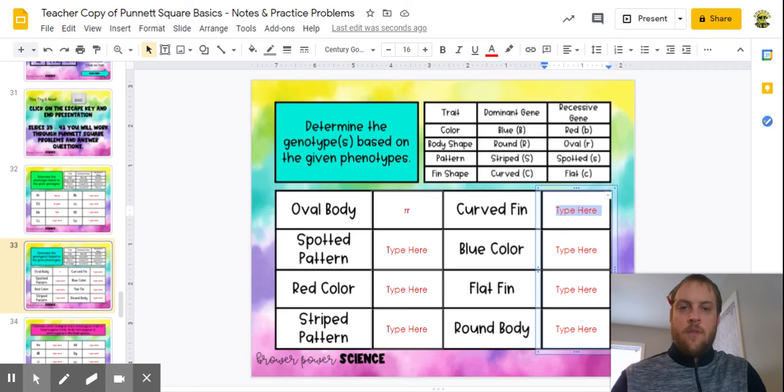So for this example, the possible genotypes would be capital C, capital C, or capital C, lowercase c. And again, because a curved fin is the dominant version of the trait, it could be homozygous dominant, so big C, big C, or it could be heterozygous, meaning that it has just one version of that dominant trait.